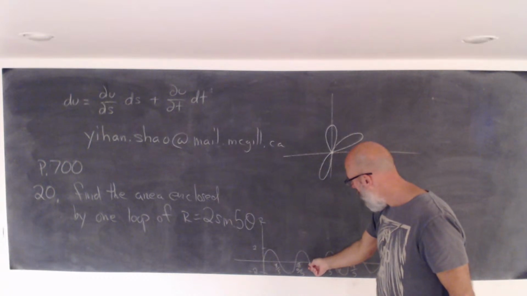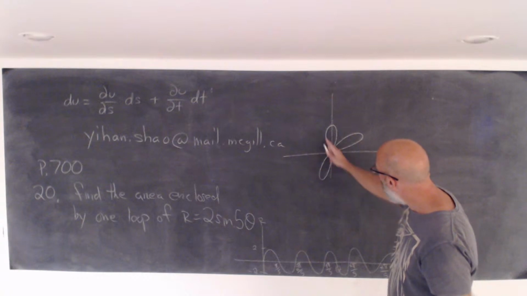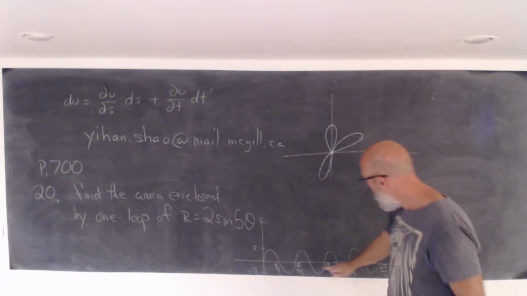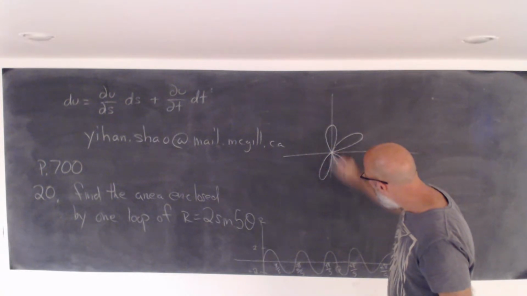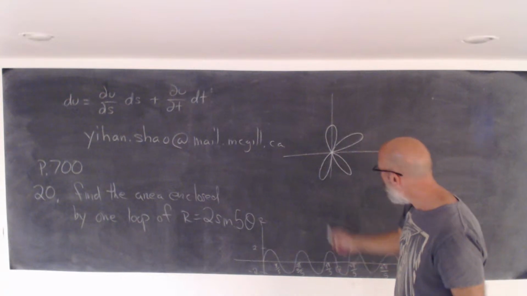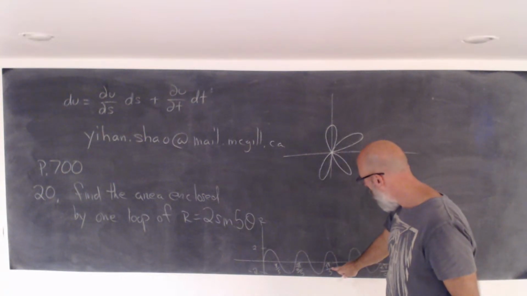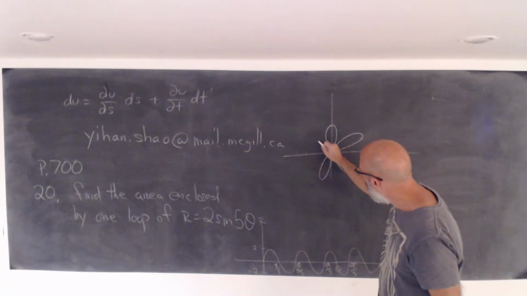And from 3 pi over 5 to 4 pi over 5, which is somewhere here, it's negative. And then 4 pi over 5 to 5 pi over 5, which is just pi, is going to be positive.